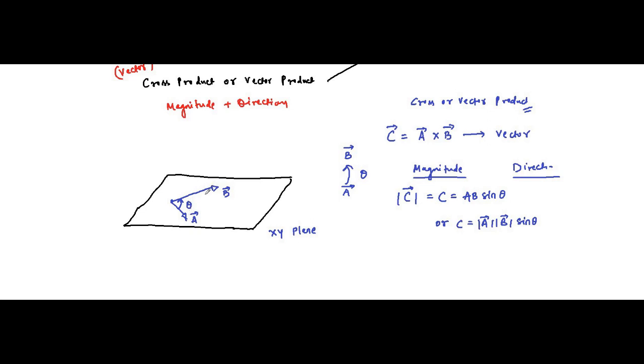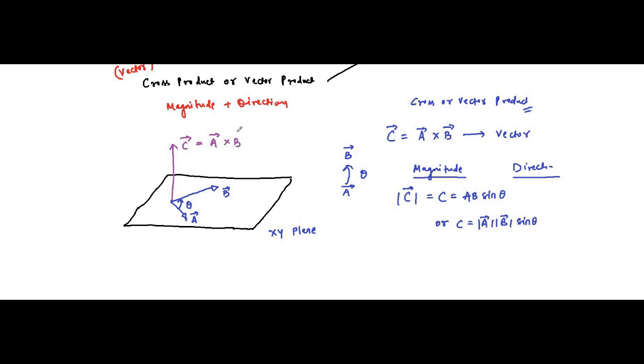Okay, it will be mutually perpendicular to A vector and B vector. So it will be like this. This is C vector, A vector cross B vector.